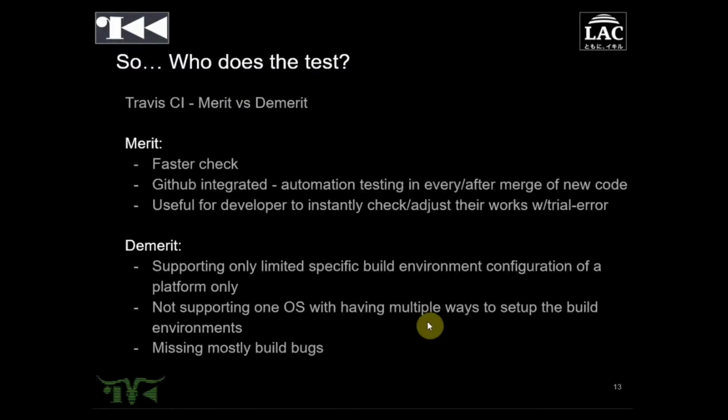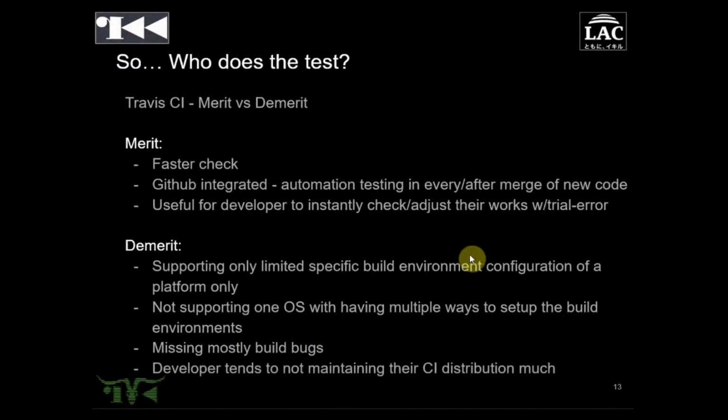Due to supported and unsupported build methods, CI mostly misses build bugs. Another factor is that developers tend not to maintain their CI distribution much, since they have to prepare so many CIs, and there are probably too few devices to support those CI environments.